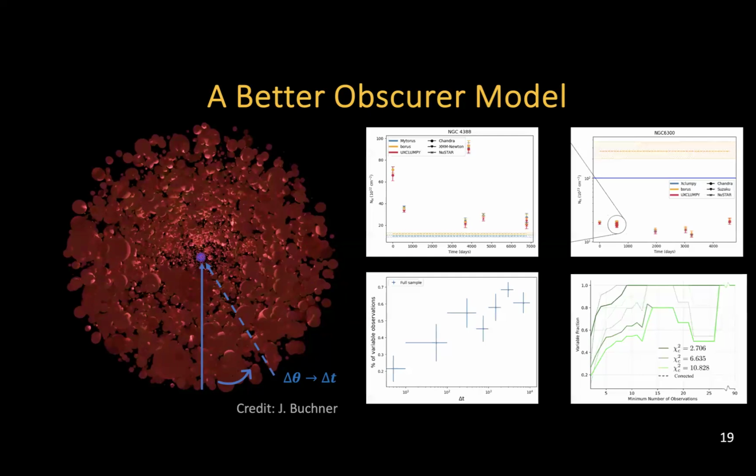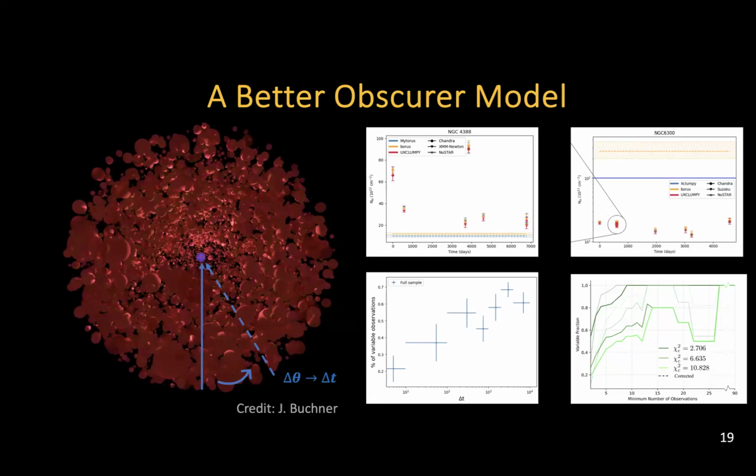So in this sense, we need to be able to reproduce both very variable and very non-variable sources. And the question here would be, do we need a strictly different distribution of material to explain these two? Or would perhaps just a change in inclination angle be able to explain the difference? Perhaps if you look at it face-on, there's more clouds, and therefore you always intercept a similar number, you don't see variability. Perhaps the ones that vary, they're just quite inclined, so you catch the edge of the distribution.